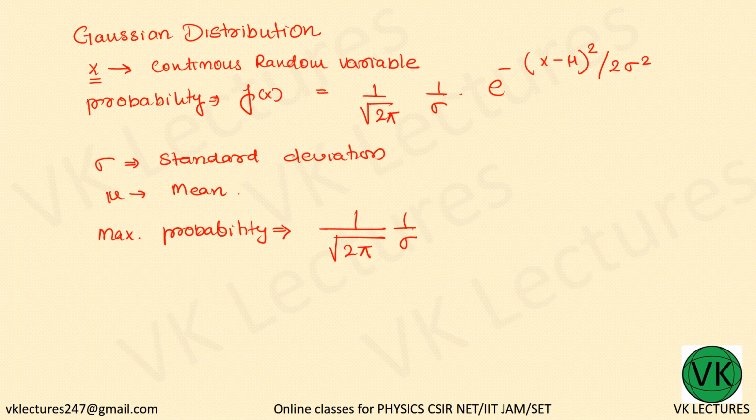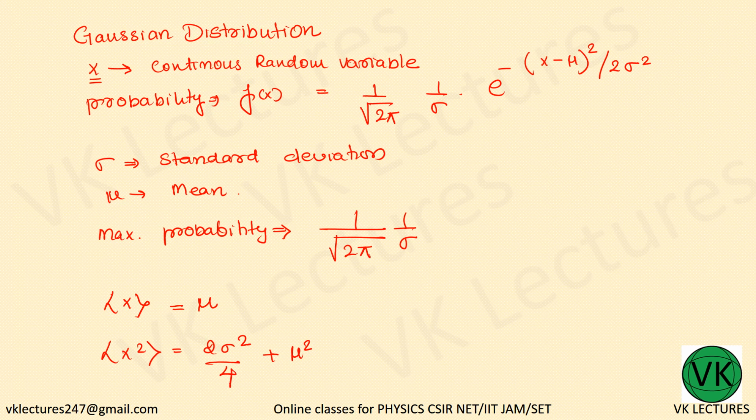The expectation value of x, or the mean, is mu, and the expectation of x squared is sigma squared plus mu squared, where 2 sigma squared is whatever is in the denominator.